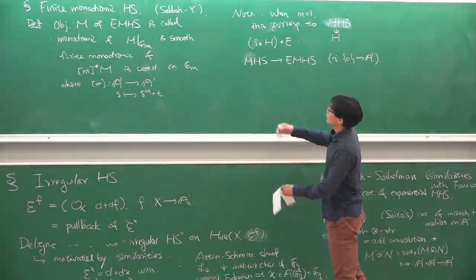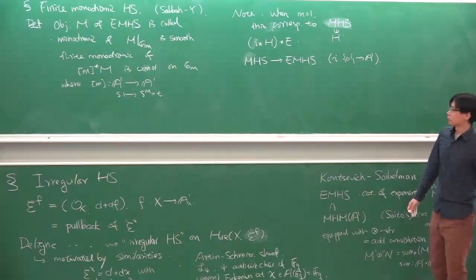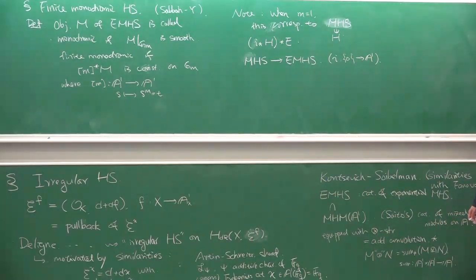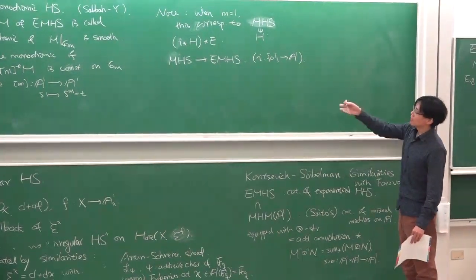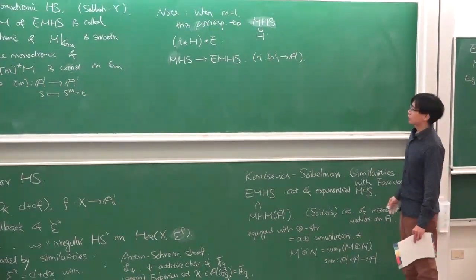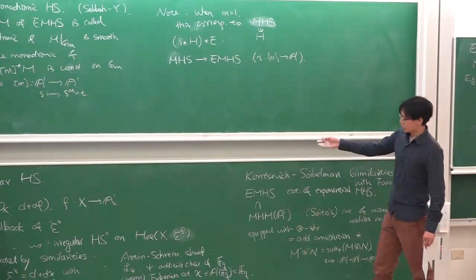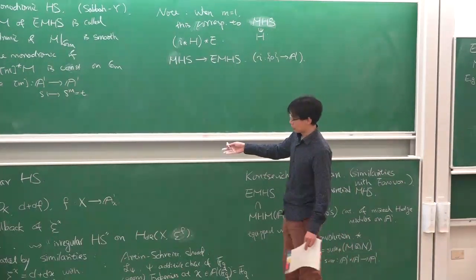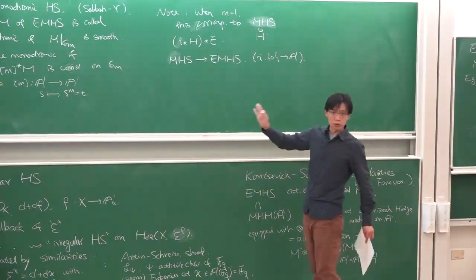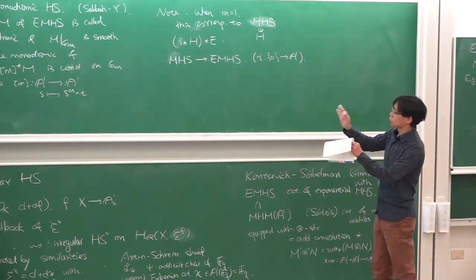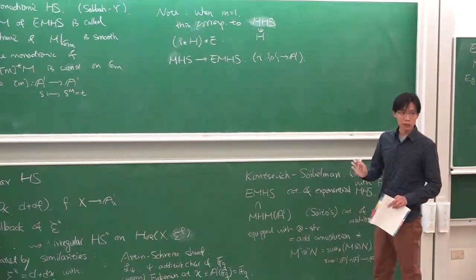So the goal of this talk and the talk in the afternoon is that if we consider finite monodromic ones, actually we can extend this classical motivic consideration for Hodge structures to this finite monodromic setting in a quite precise way.